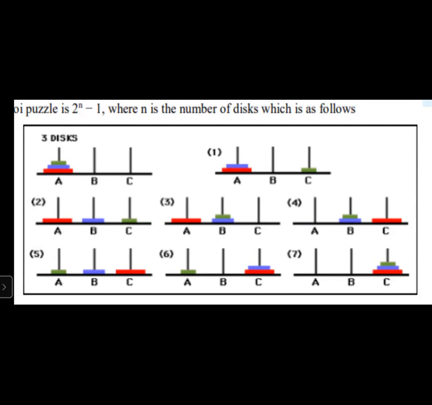C has the smaller. Now I am picking up the green disk and placing it on rod C.